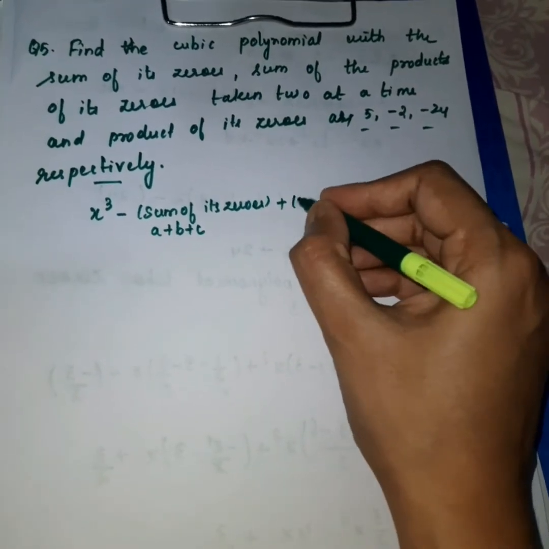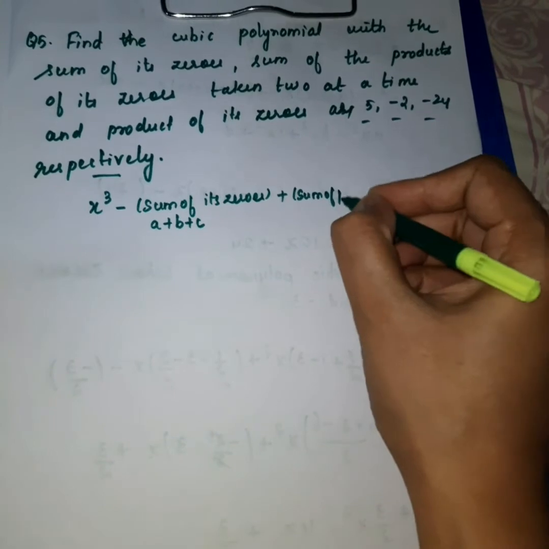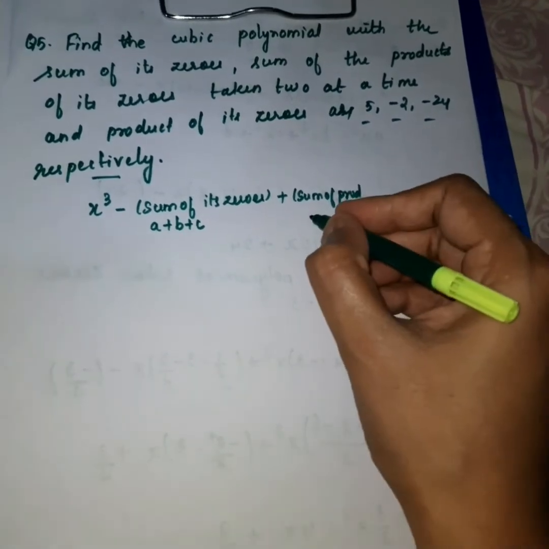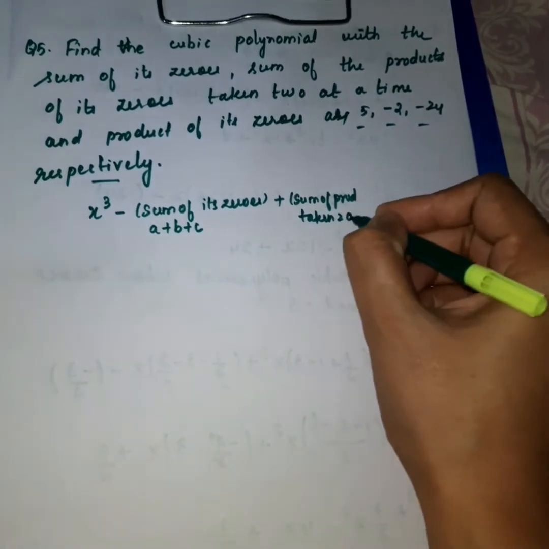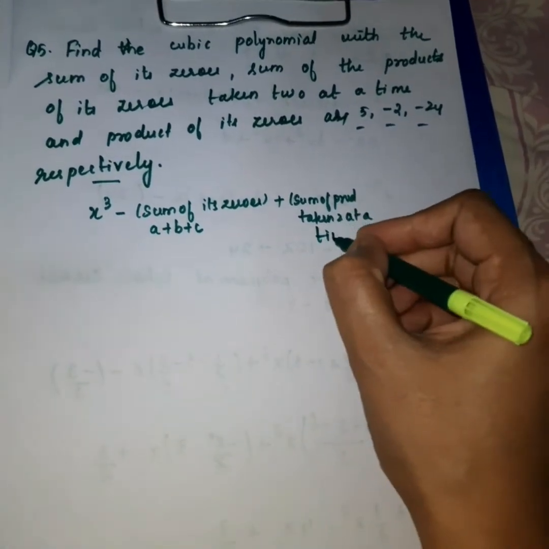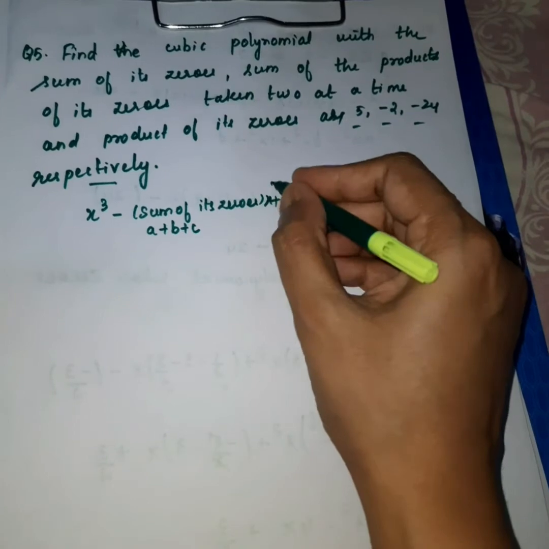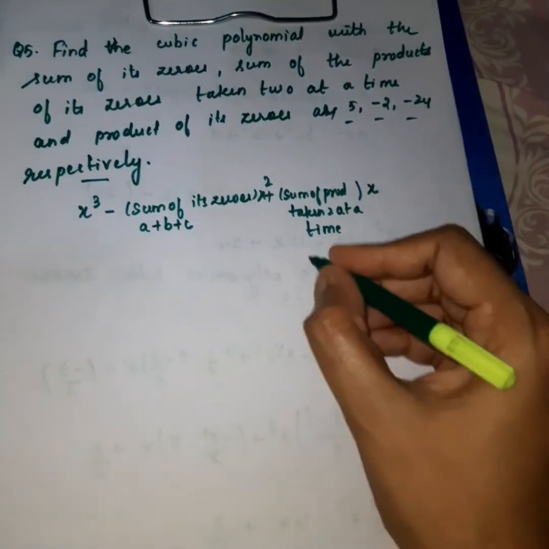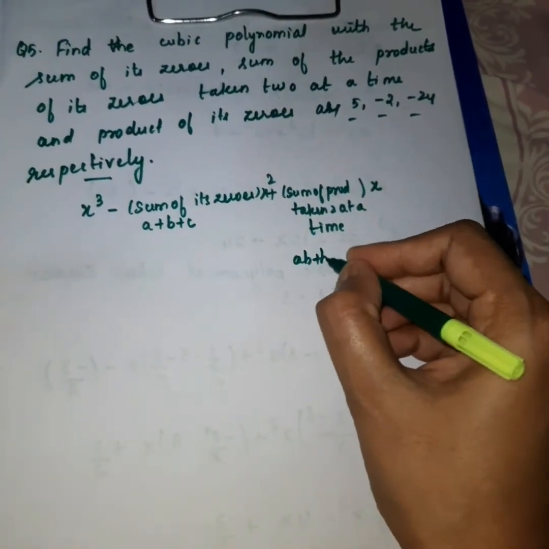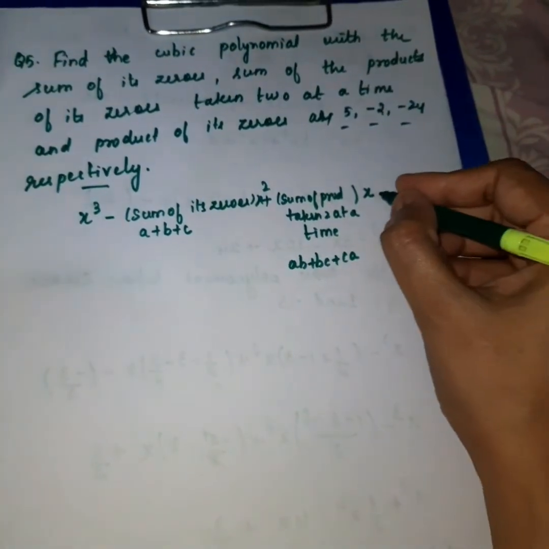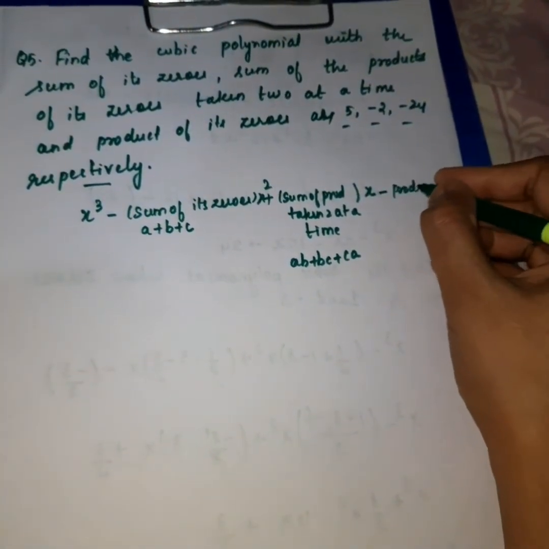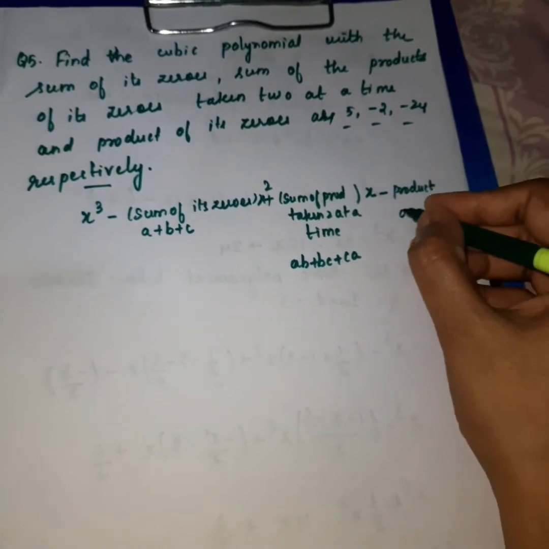Sum of product of any two at a time, that is like xy plus yz plus zx, or ab plus bc plus ca, or whatever you are assuming, alpha beta plus beta gamma plus gamma alpha. Here I'm taking only as abc. Product is ab into c.